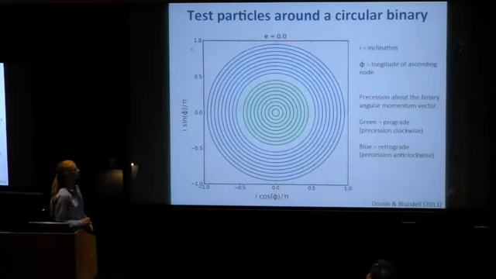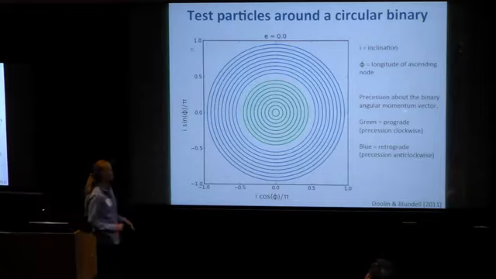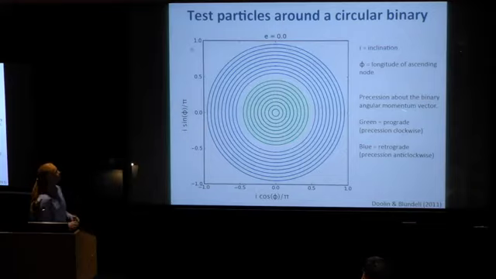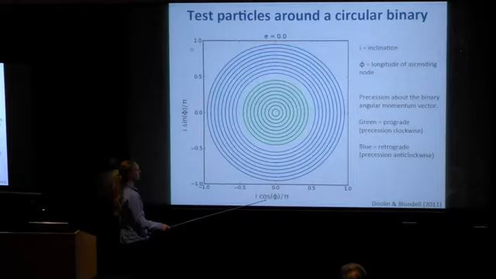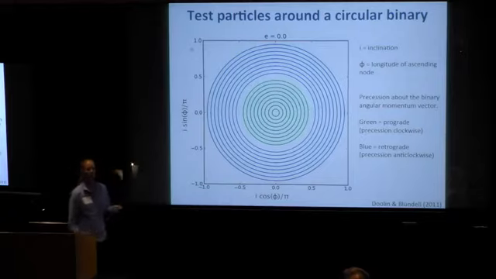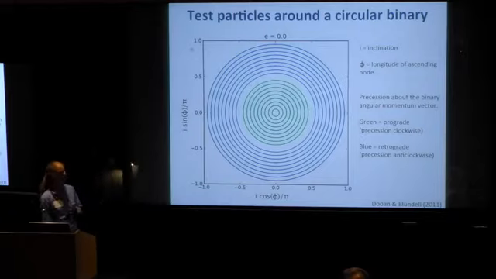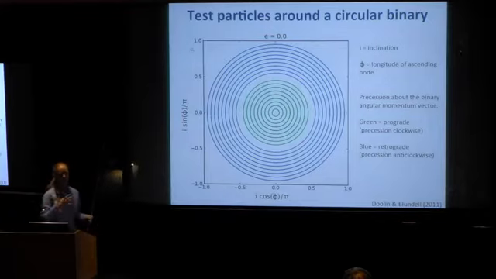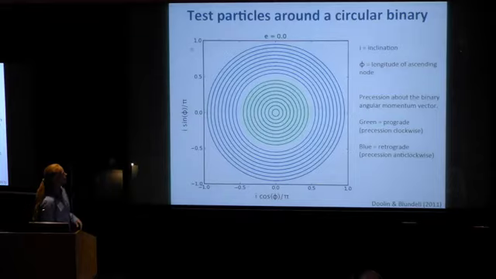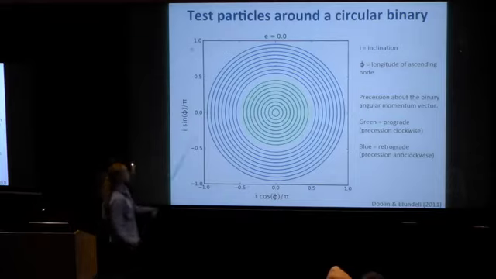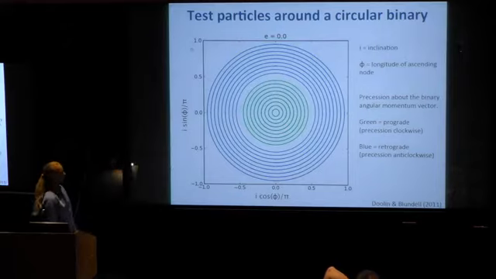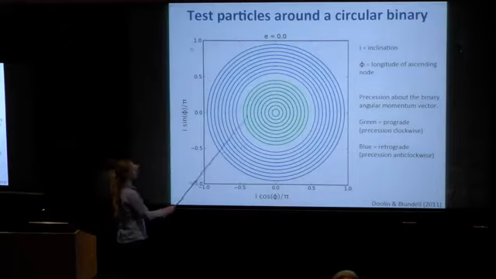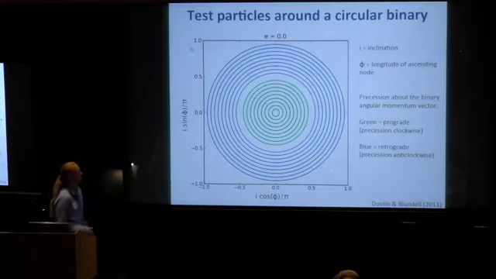I'm going to explain this phase diagram because I'm going to use it later on when things get a bit more complicated. But for now, this is I cos φ, where I is the inclination of the test particle to the binary angular momentum, and φ is the longitude of the ascending node, or the phase angle of the orbit. So the distance from the origin in these diagrams is the inclination, and the azimuthal angle around is the longitude of the ascending node.